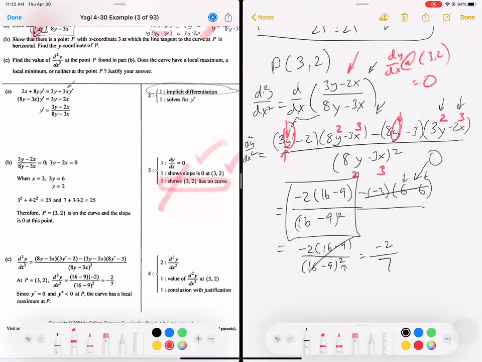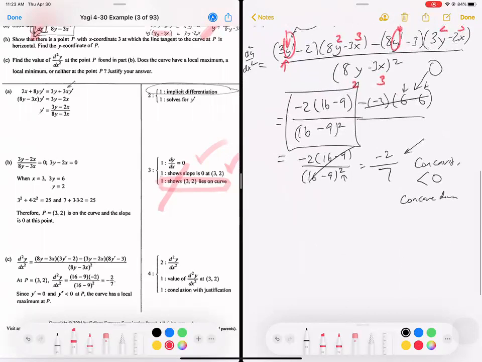Now, since this is the second derivative, if you remember the meaning of the second derivative, the first derivative is a slope. The second derivative is concavity. So is this concave up or concave down? This is negative, so less than 0. So this is concave down.